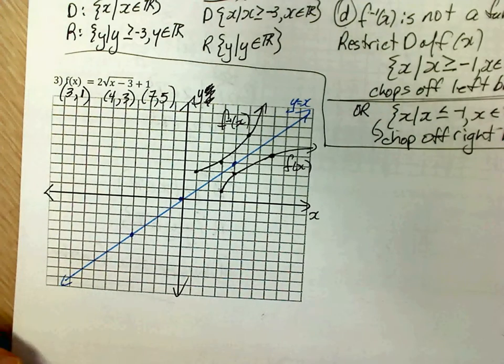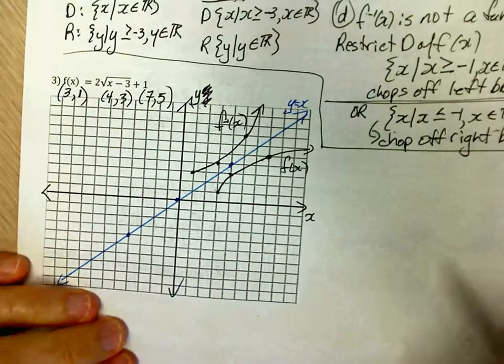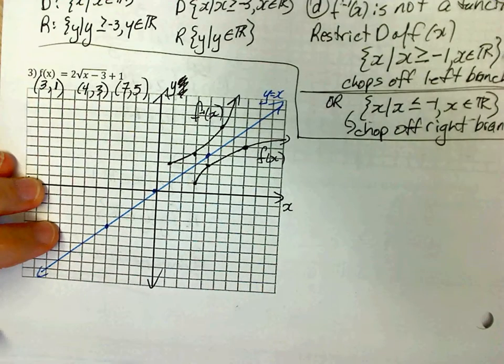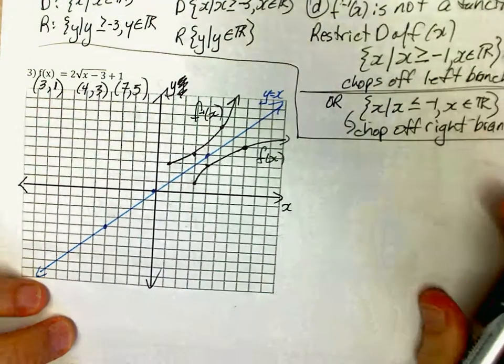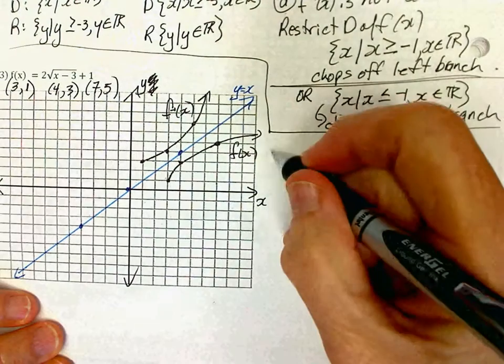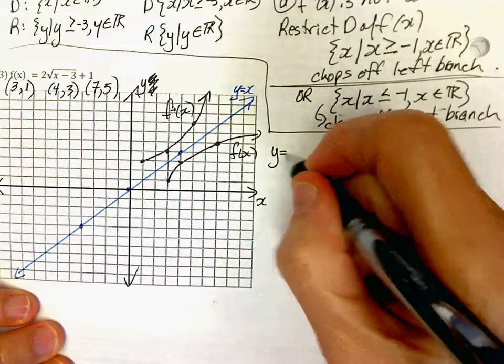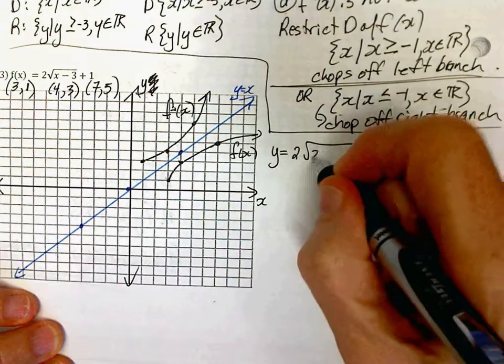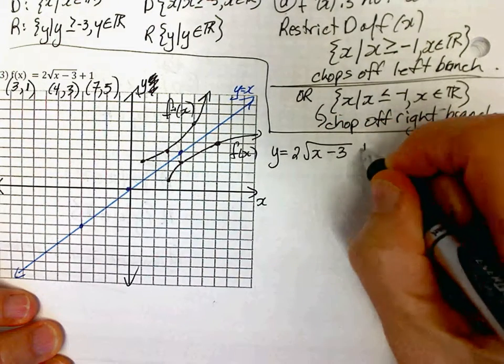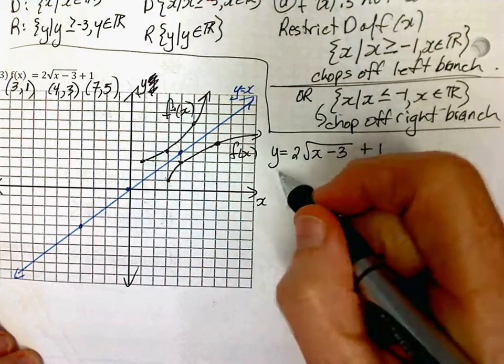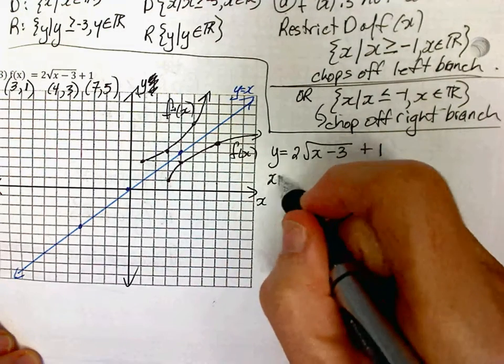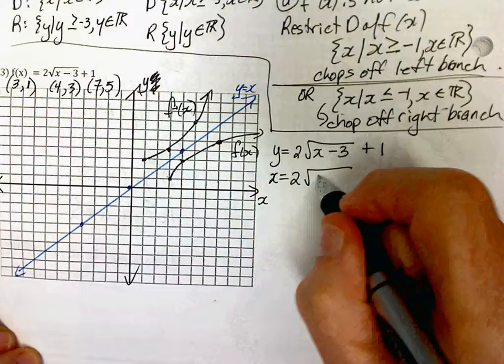So I want to show you what happens when we do it algebraically. There's an issue when we do it algebraically that we have to correct for. So y equals 2 root x minus 3, plus 1. Swap the x and y. x equals 2 root y minus 3, plus 1.